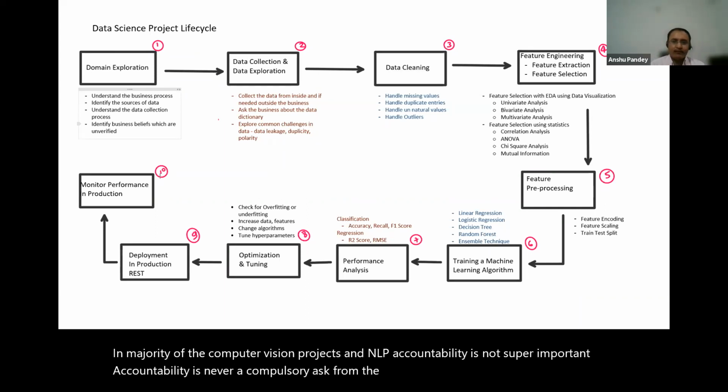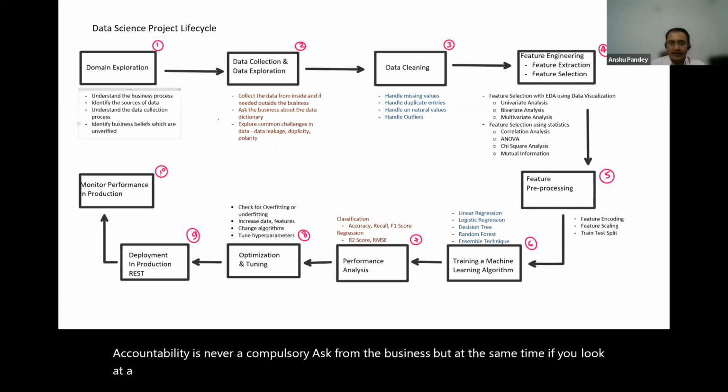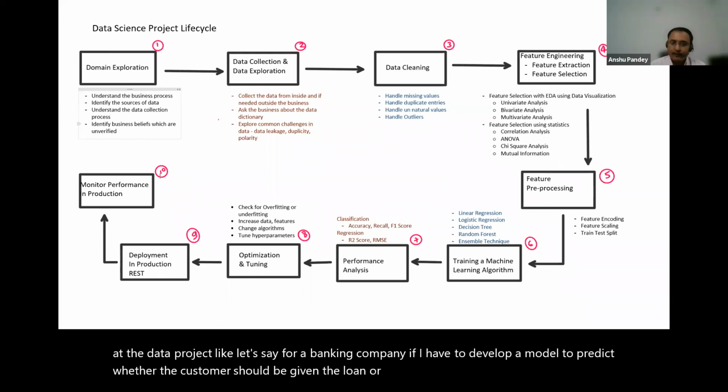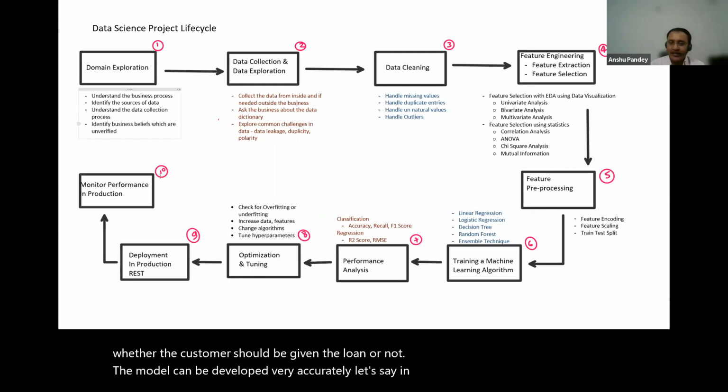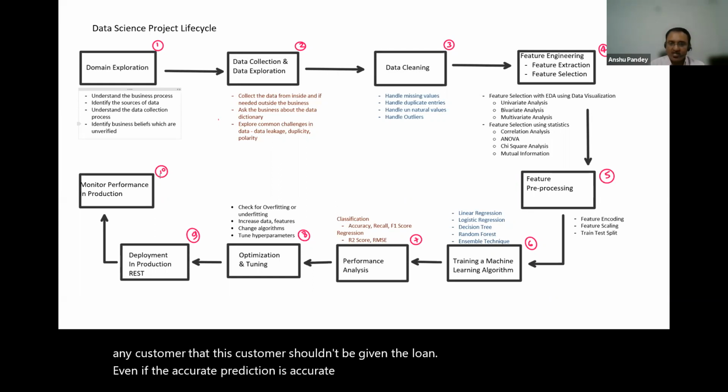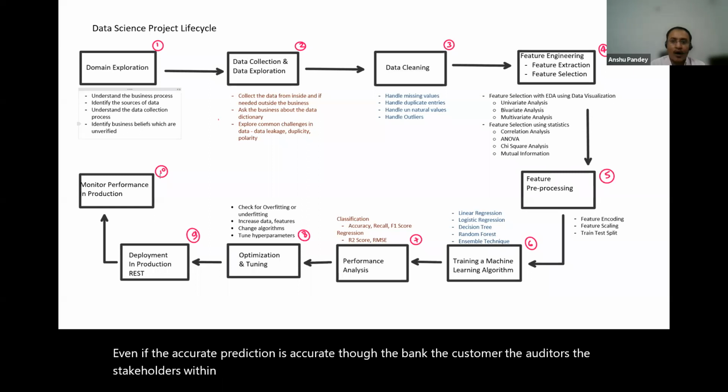But at the same time, if you look at a data project, like let's say for a banking company, if I have to develop a model to predict whether the customer should be given the loan or not, the model can be developed very accurately. Let's say in production, the model predicts for a customer that this customer shouldn't be given the loan. Even if the prediction is accurate, the bank, the customer, the auditors, the stakeholders within the bank would also want to know why we should not give the loan to this customer.